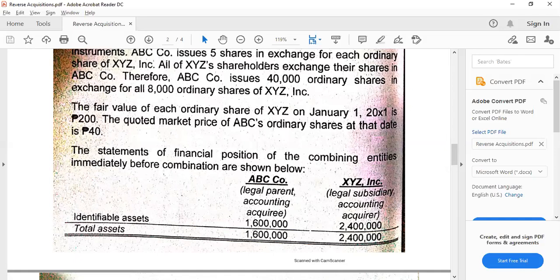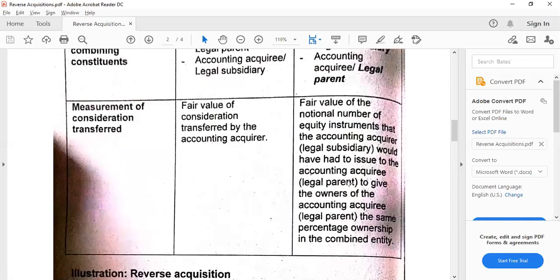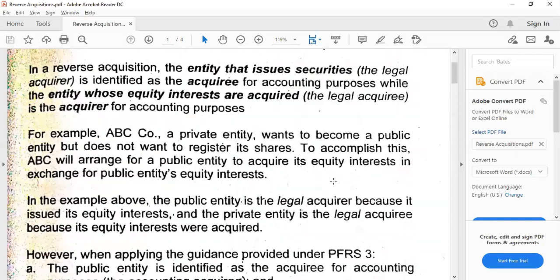However, in essence, it is XYZ that actually acquires ABC company. So this is the private entity that acquires ABC company. It is because XYZ is the one initiating the said reverse acquisition, even if it does not issue shares. So that's the point of this one.